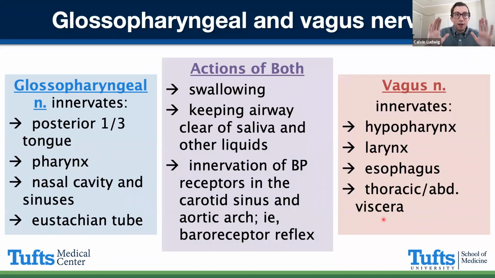Now, to look at their functions together, here in purple, both of them are really important for these three functions: swallowing, keeping the airway clear of saliva and other liquids, and finally, innervation of blood pressure receptors in the carotid sinus and the aortic arch. That is the baroreceptor reflex. So both the vagus and the glossopharyngeal nerves are really important for these three actions in the purple box.